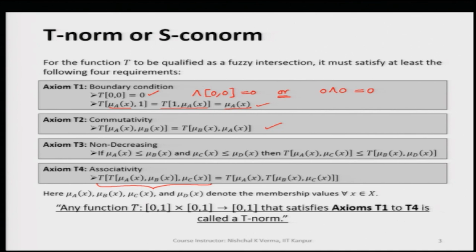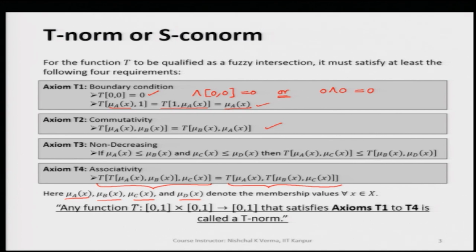Please understand that mu A of x, mu B of x, mu C of x, these three are the membership values of the respective fuzzy sets A, B and C, which is mentioned here, and we have one more membership value which is mu D x.